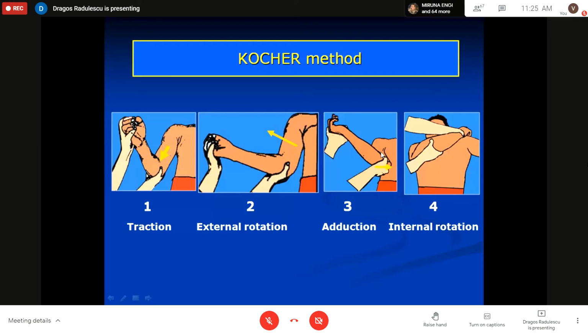He can have a muscle contraction and etc., and fail the maneuver, which can cause complications. So again, traction, external rotation, then adduction with bringing the arm forward, the elbow basically forward, and then internal rotation, placing the hand on the shoulder on the other side.